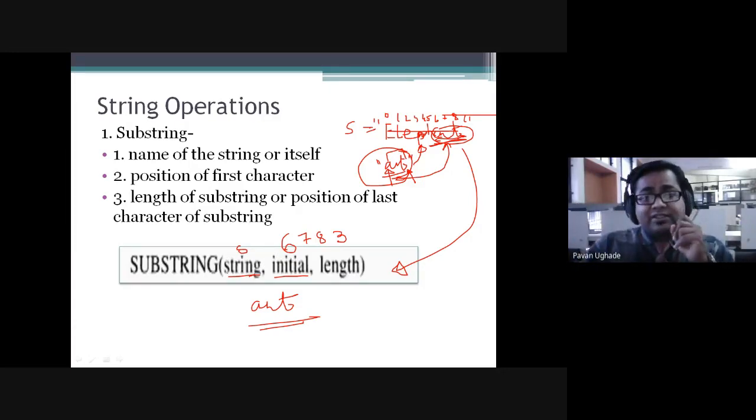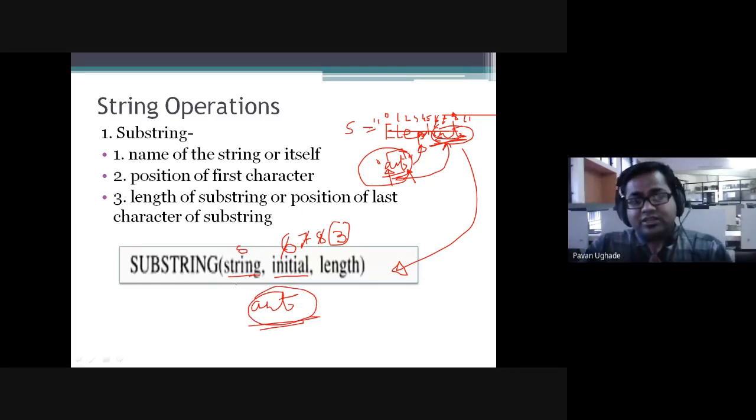In this case I have considered 3. So 6 plus 3: the 6th, 7th, and 8th characters when you are storing elephant, that is a and t, will be fetched. And it is a substring of the string you are going to process, right?